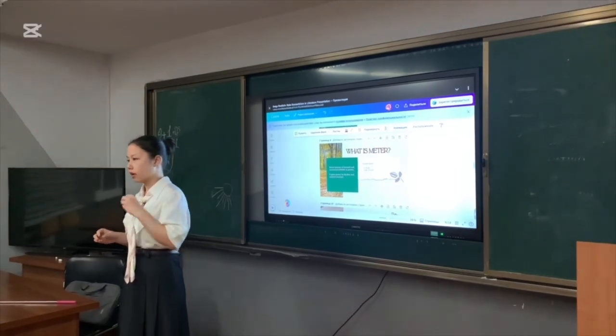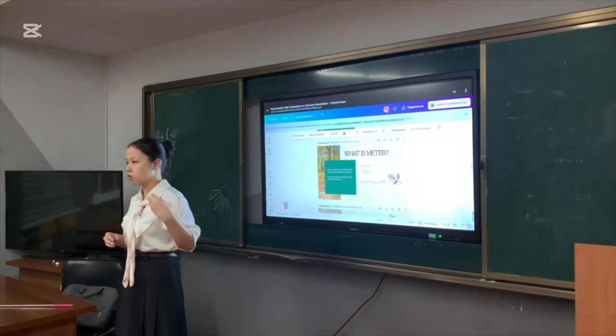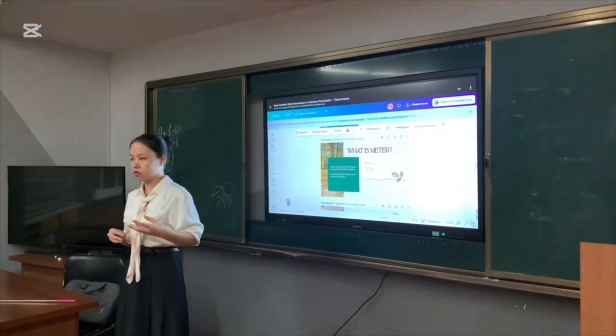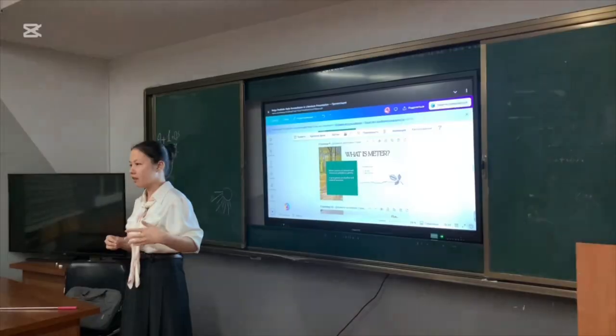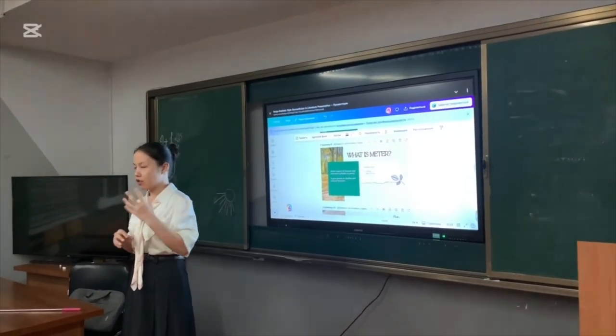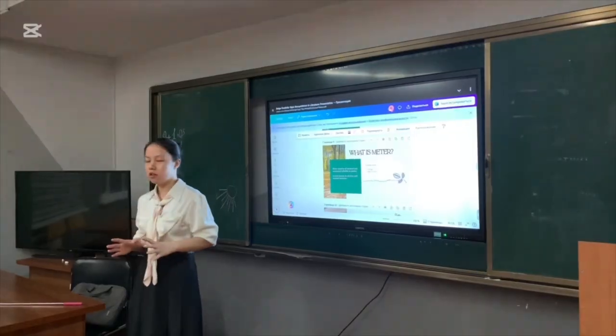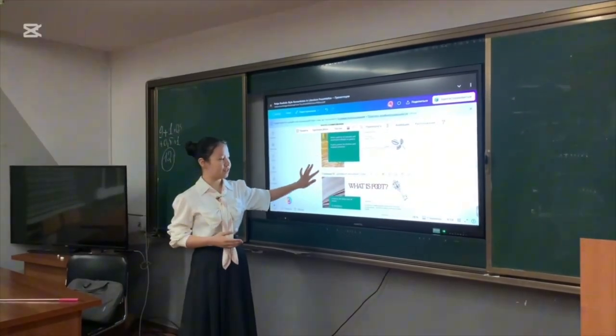Apple. The second sounds very weak, but the app sounds more stressed and loud. And fantastic. We can't say fantastic with the stress elsewhere. The stressed syllable is in the middle. This is a meter.